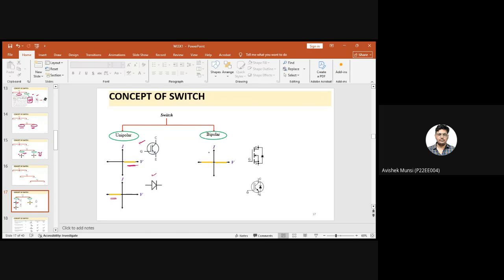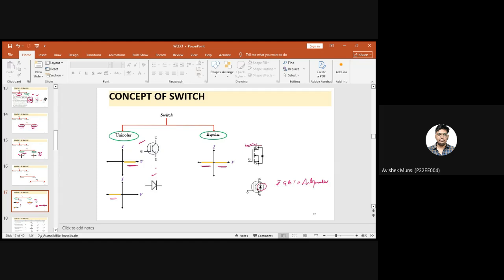And in the case of bipolar, it has the capability of both-side blocking. That is, it can block in forward and backward at the same time. For example, this is MOSFET. MOSFET is a bipolar bidirectional switch. And if we have an IGBT with an anti-parallel diode, then it can conduct in both directions.